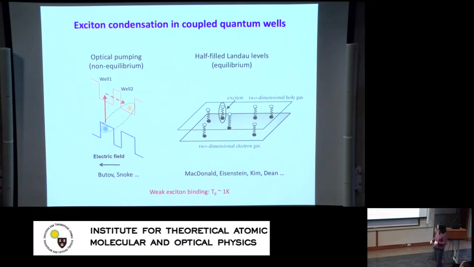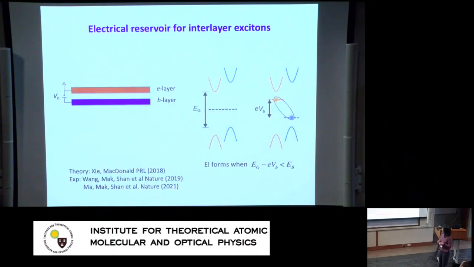And in both cases, the exciton binding energy is relatively weak, either due to dielectric screening or, in case of graphene, and also the binding energy is weak, so degeneracy temperature is only about 1 Kelvin. So we would like to replace them by monolayers of semiconductors.